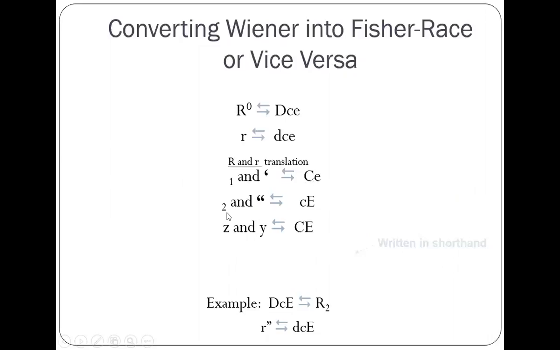And then for 2, then 2 prime, even though I know it's big E, I associate it with little c big E. And then for Z and Y, I associate it with both of them. And then remember 0, and if there's nothing, then it's only the D antigen or nothing, all the small antigens being inherited.